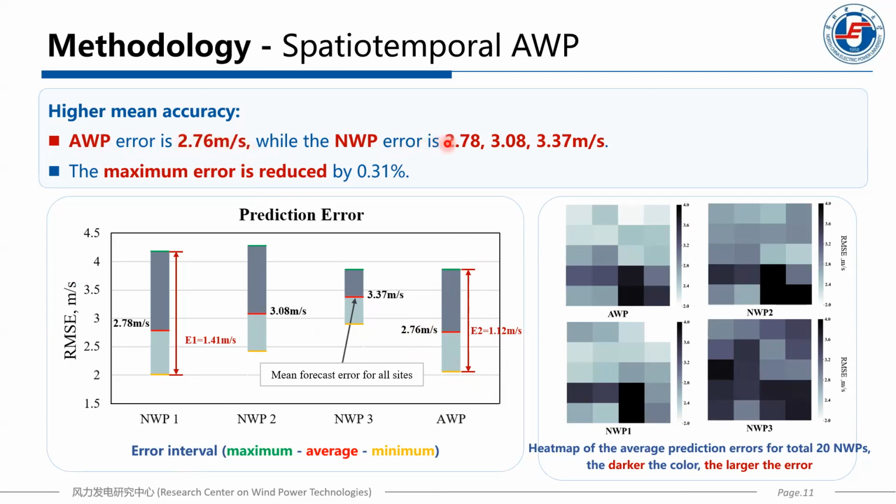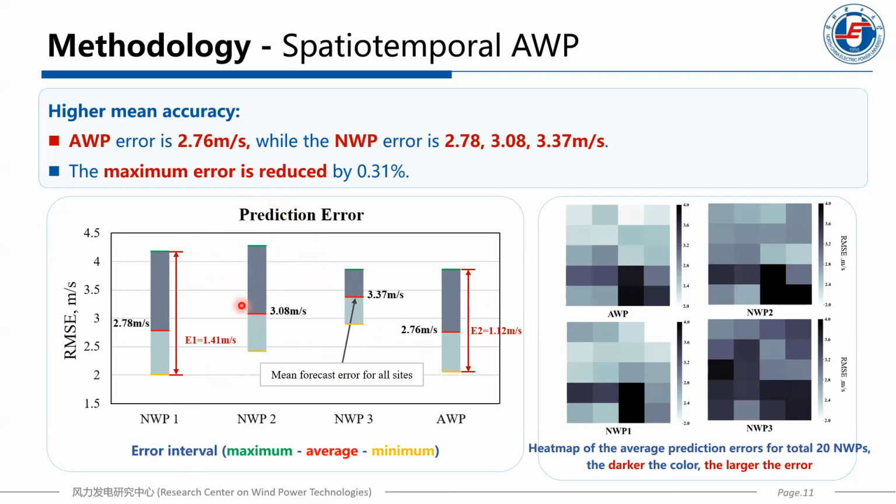The accuracy is not largely improved compared to the best NWP one, but it is still improved a lot compared to the other 2. I should mention that these 3 sources of NWP are very widely used in many provinces in China. So these 3 represent the high-level, good performance in China. So we selected these 3.